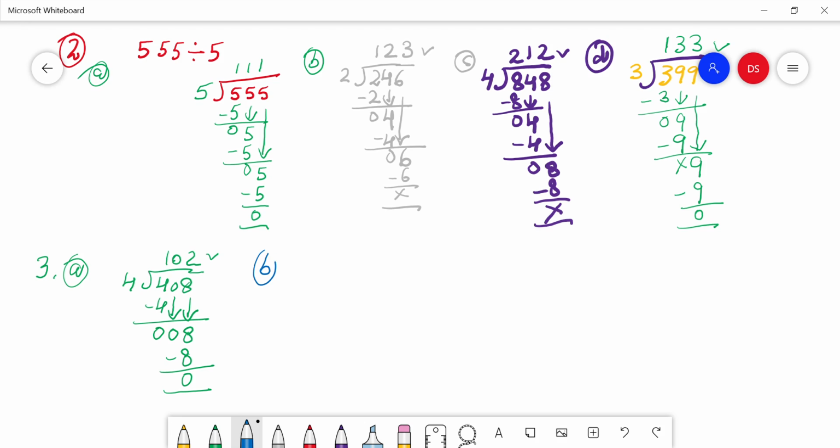Now B part, 208 divided by 2. 2 1 are 2. 2 minus 2 is 0. Then we will take 0 on the quotient place. Last number is 8. 2 4 are 8.